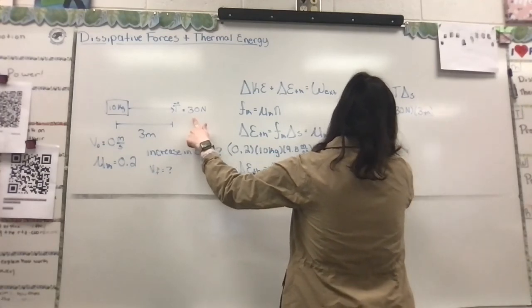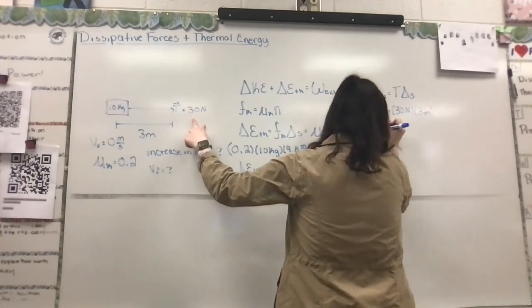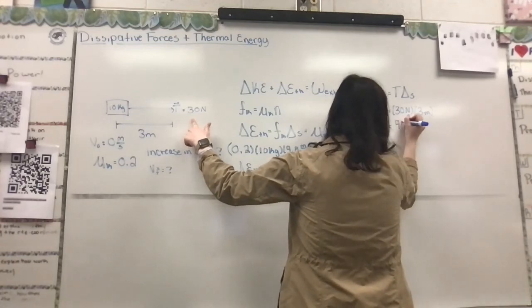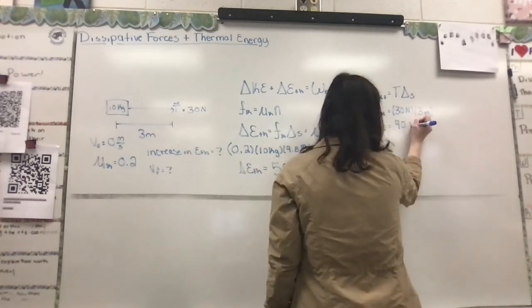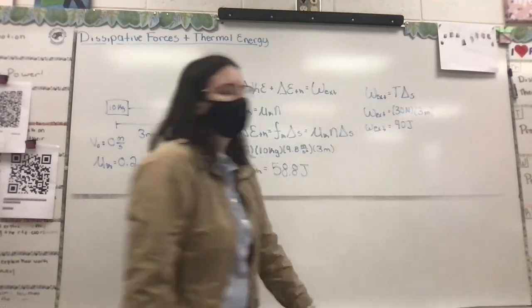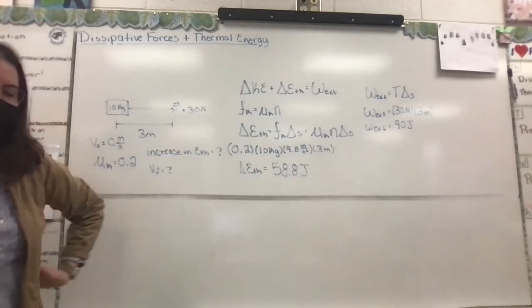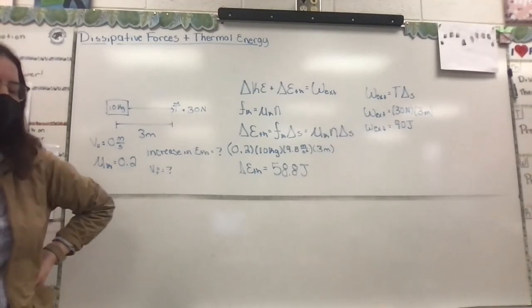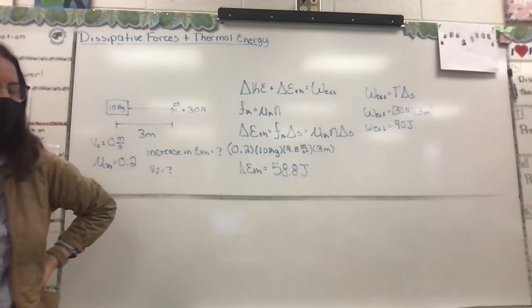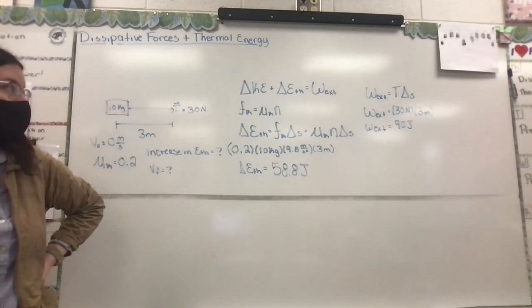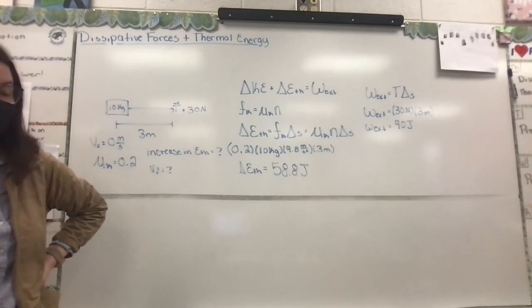What's 30 times 3? 90. What are the units for work? Joules. So we've got 90 joules and 58.8 joules. Basically 59 joules go into increasing our thermal energy.